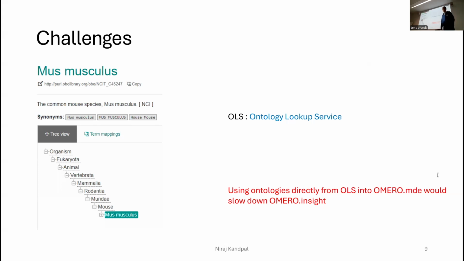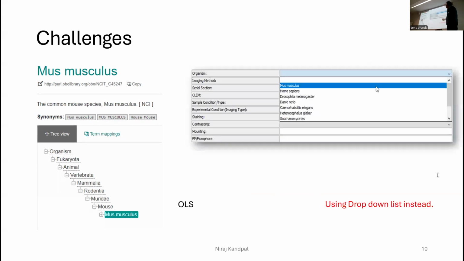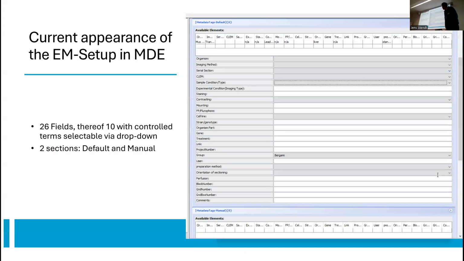And even if that would be handled better, there would still be the problem of how to filter the values from the ontologies, because there are thousands and thousands of organisms, let's say, and usually people use a much smaller set of these. So the obvious solution was to use, in the XML, hard-coded values for the specific terms. And this is then what Niraj did.